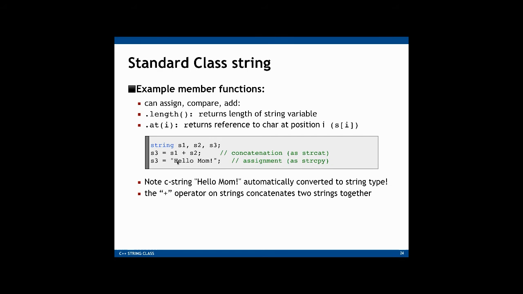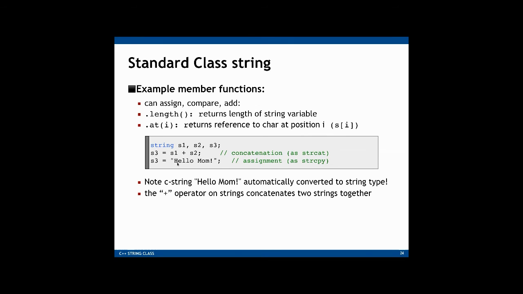And note that this string is a C string, as we learned in the last session. But C++ automatically converts this C string to the string class type when we are saving it to this S3 variable, which is a string type variable. And you cannot do this with a C string variable.